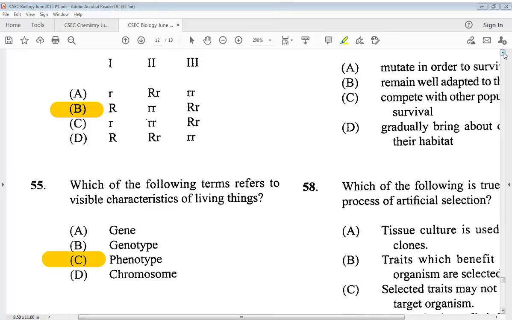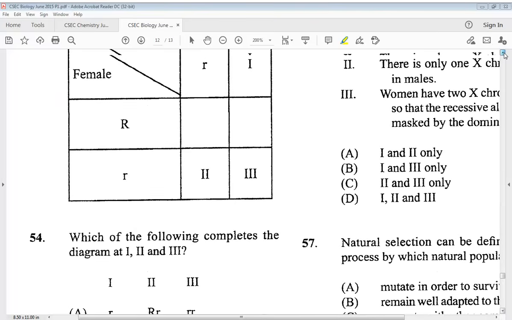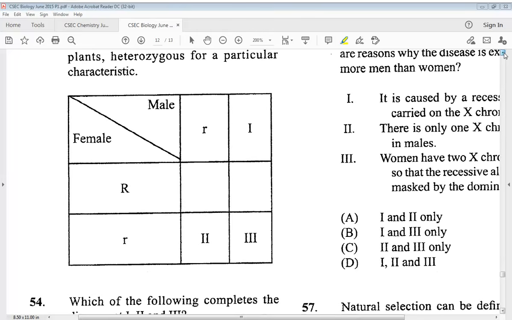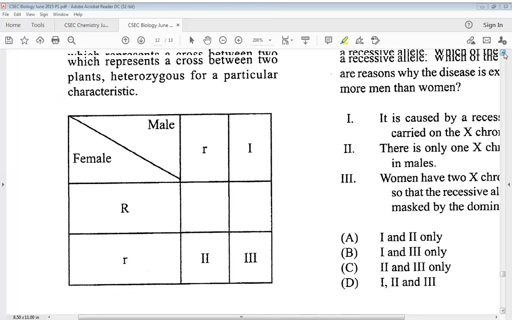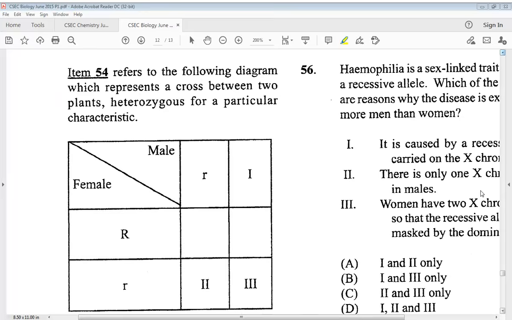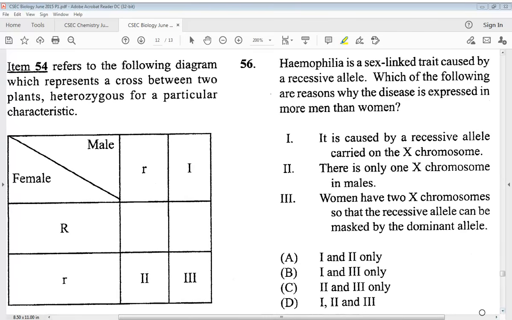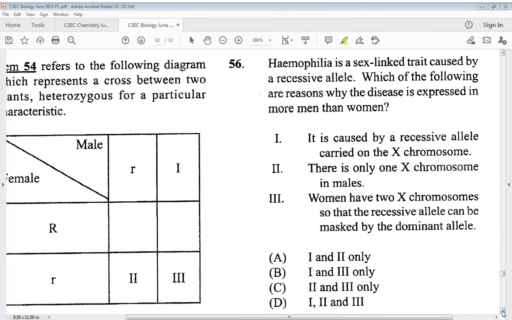Let's go to 56. So the answer for 56 would be D, all the above, 1, 2, and 3.